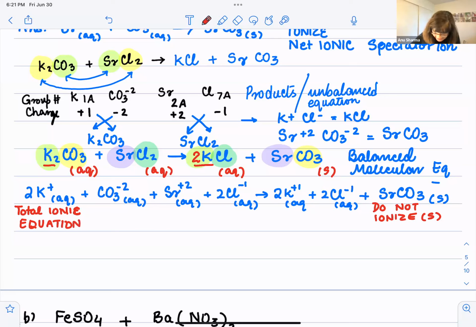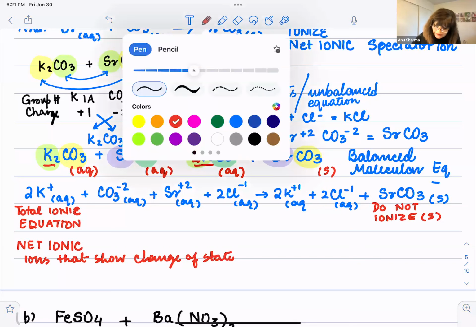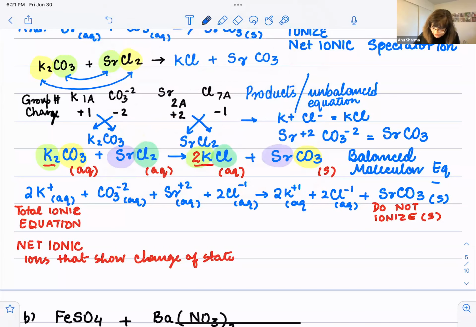And now comes the net ionic equation. In the total ionic equation, we ionize everything. In the net ionic equation, we only bring in the ions that show a change of state. The ones going from aqueous to solid, which ones are those?